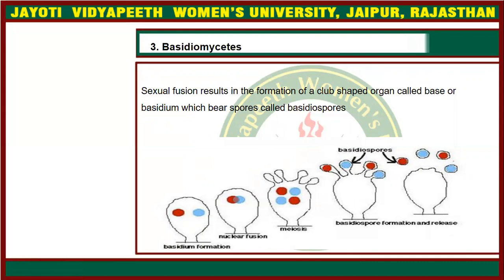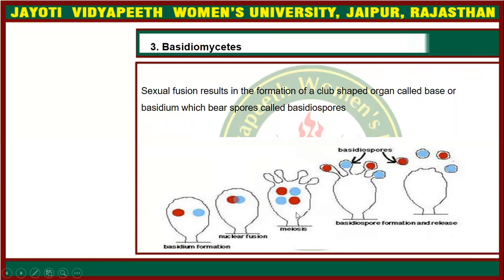The reproduction in these basidiomycetes is conducted using nuclear fusion. After nuclear fusion, they go to cell division, and cell division is the process which takes place by meiosis.